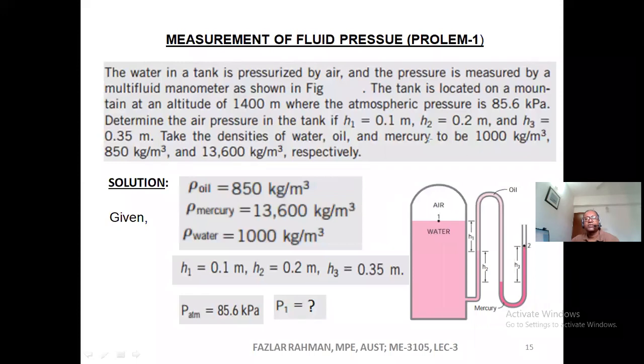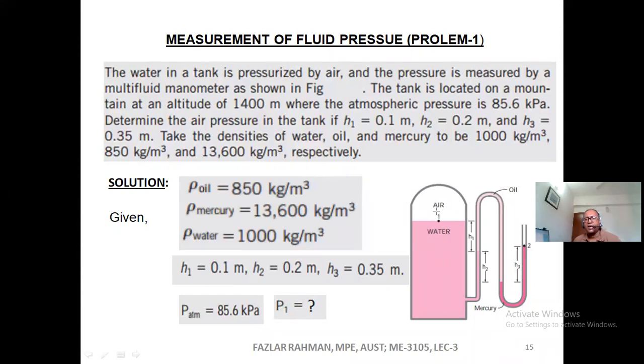Okay. So it's saying this tank is located on a mountain at altitude 400 meters, where atmospheric pressure is 85.6 kilopascal. Determine the air pressure in the tank. Right over here, point 1. You need to figure out the air pressure.